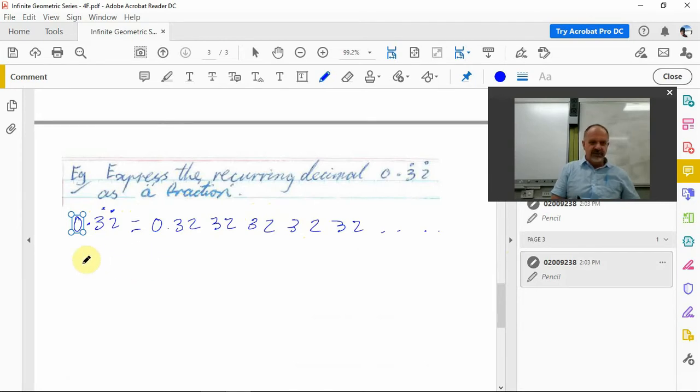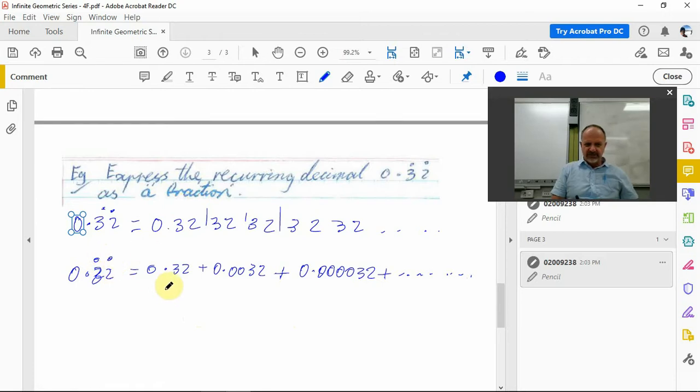So I'm going to split it up into bits, the 32. So it's 0.32 plus this next 0.0032, which of course is in the third and fourth decimal places, plus this one, which is in the fifth and sixth decimal places, and so on.